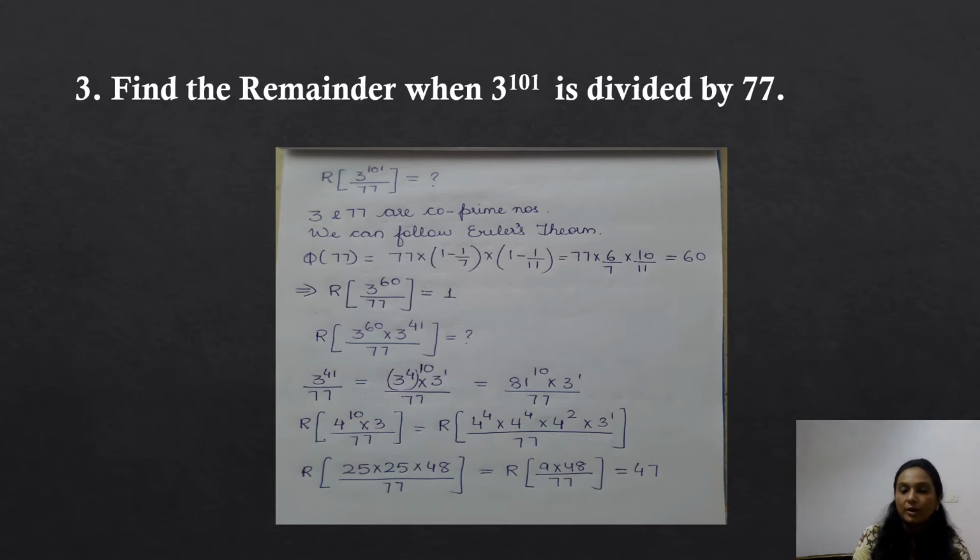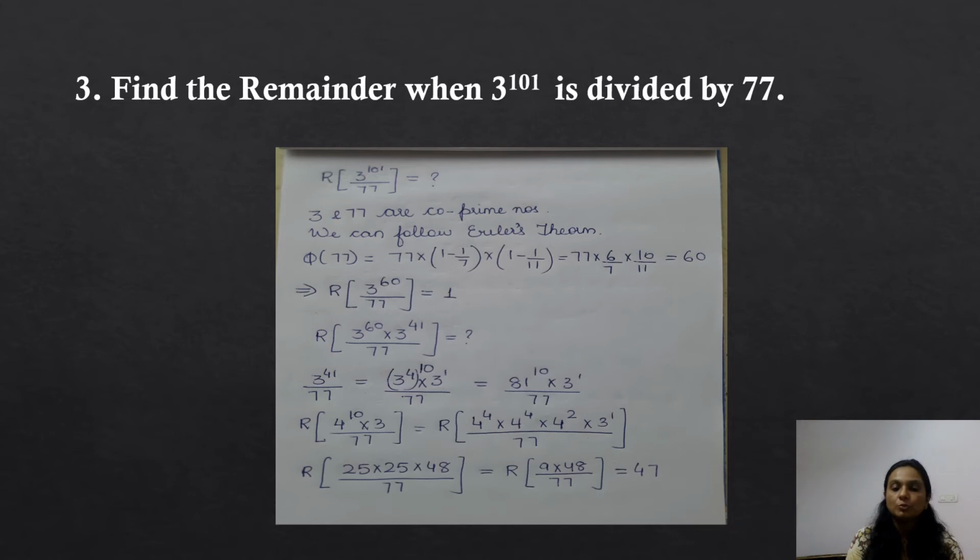So we have broken it as 4 power 4 into 4 power 4 into 4 power 2 into 3 power 1. 4 power 4, when you divide by 77, you get remainder 25. Similarly, 4 power 4, again 25. And then you have 4 power 2, which is 16 into 3, 48. When you divide 48 by 77, you get the remainder 48.